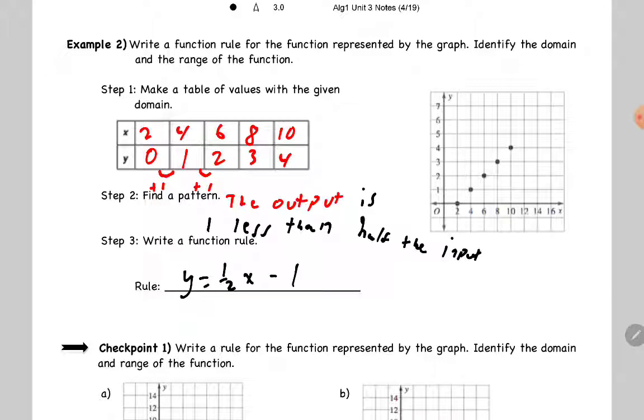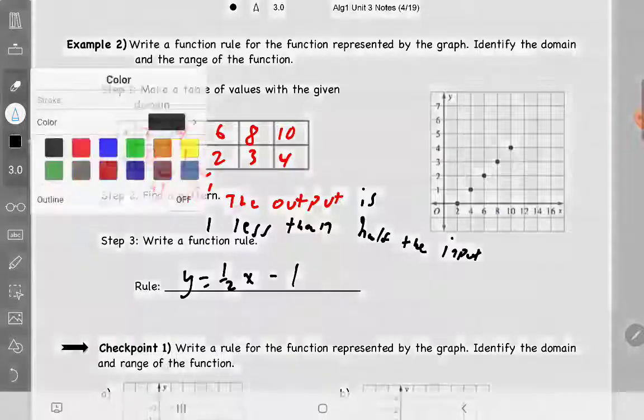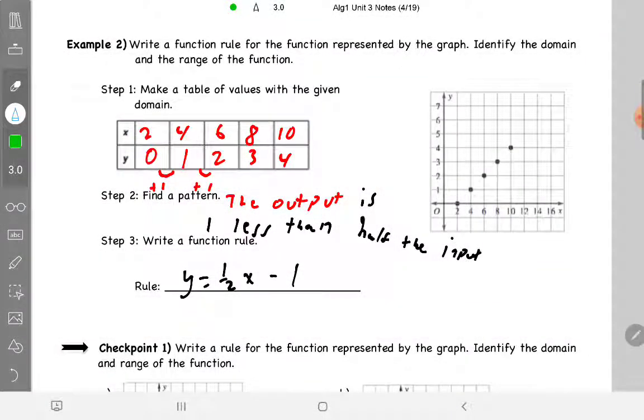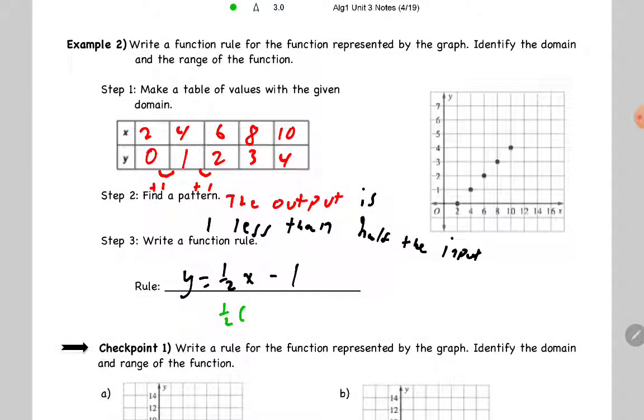So if I take half and subtract 1, we'll get the output. If I plug 2 in, I have 1/2 of 2 minus 1, I'll get 1 minus 1, which is 0. If I plug in 1/2 of 4 minus 1, we'll get 2 minus 1, which is 1. And so on and so forth. So this works.